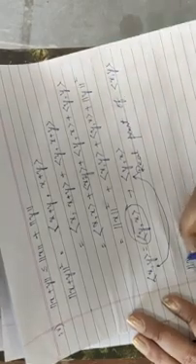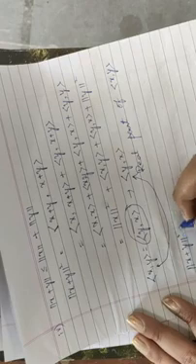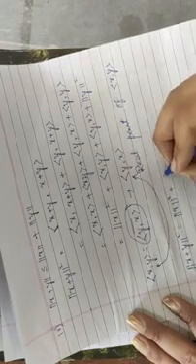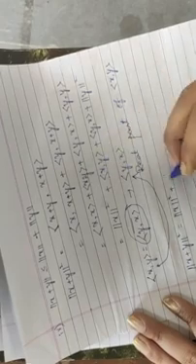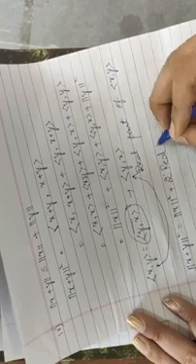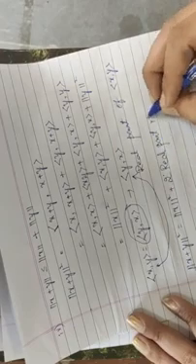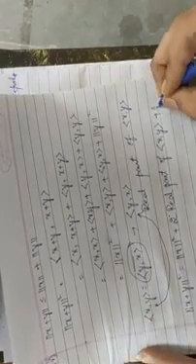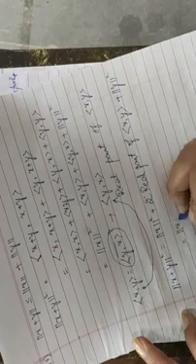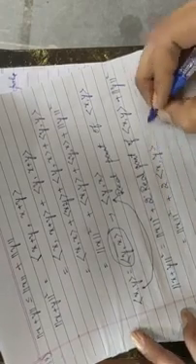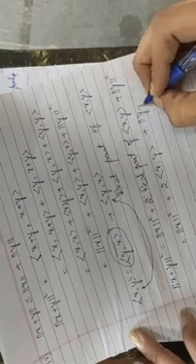So you can write norm x plus y whole square is equal to norm x square plus, we have two terms, so I will write 2 into real part of inner product of x comma y, plus norm y square. That is nothing but norm x square plus 2 into real part of inner product of x comma y plus norm y square.